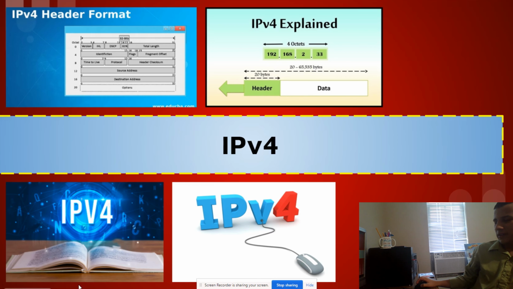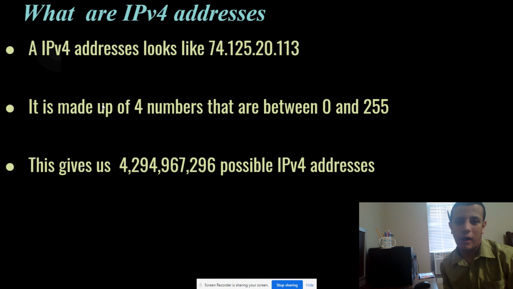So what are IPv4 addresses, you might ask? Well, an IPv4 address looks something like this, and y'all have probably seen these before. They're 4 numbers separated by periods, right?